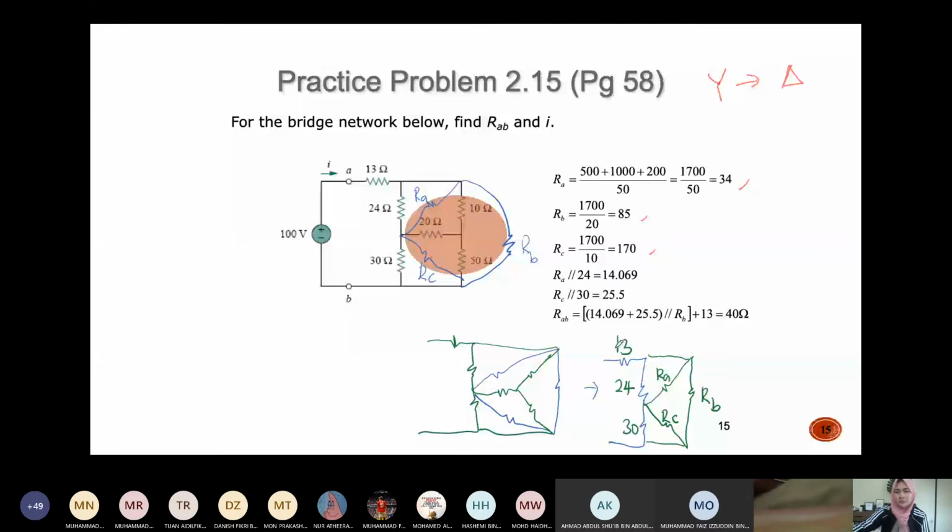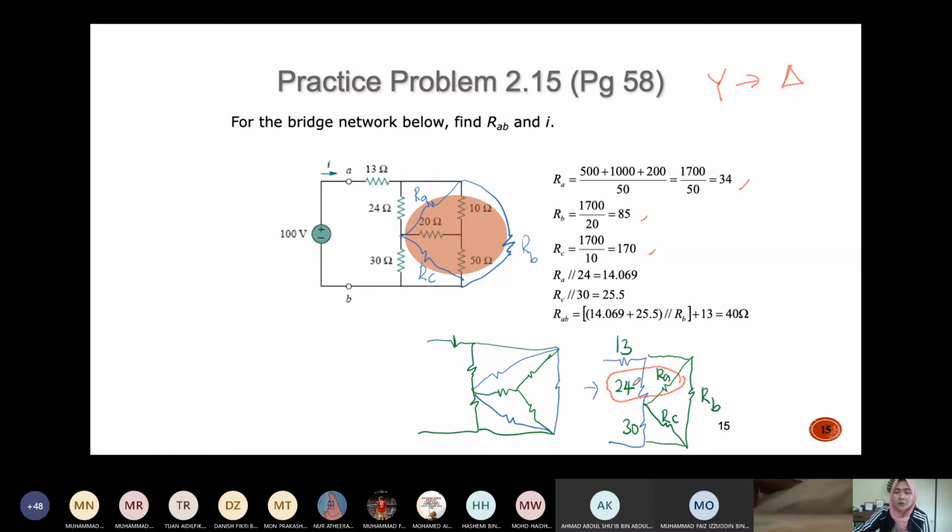So you redraw, and your circuit will actually become something like this. RA, RB and RC. Now you can calculate the R equivalent. From this circuit, you can know that RA and the 24 ohm are in parallel, correct?